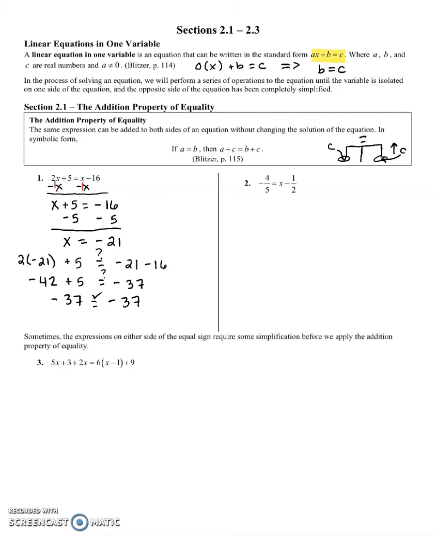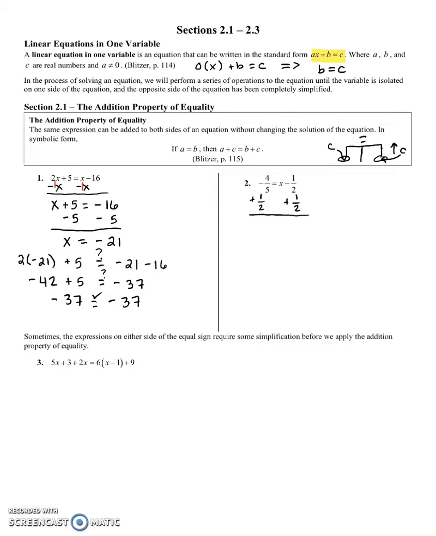Okay, so now that you've worked it out, hopefully on your own, and you've restarted the video, we have -4/5 equals x minus 1/2. Well, the variable x is only on the right-hand side of the equation, so all we have to do is add 1/2 to both sides of the equation.